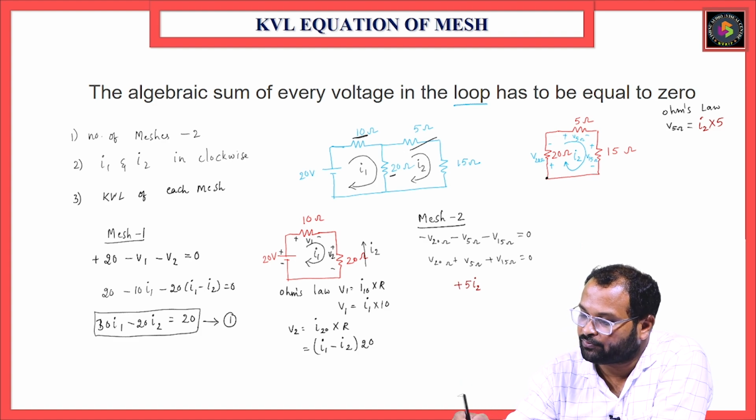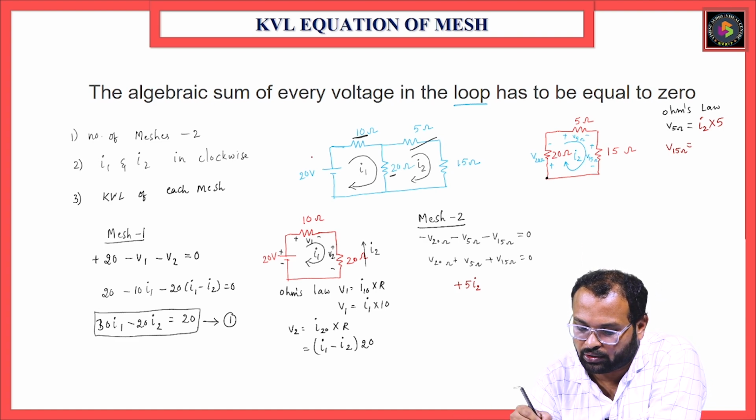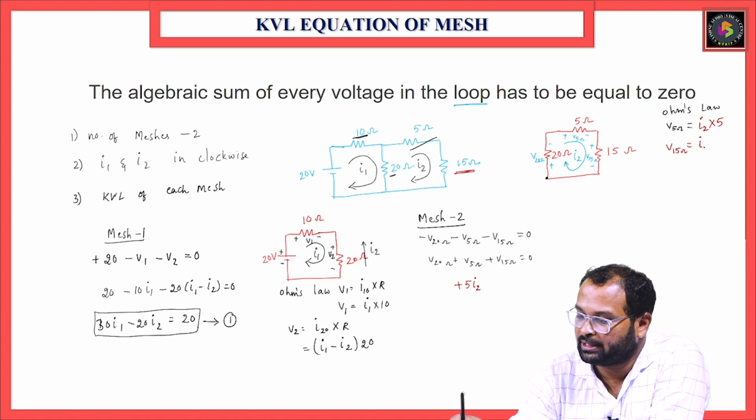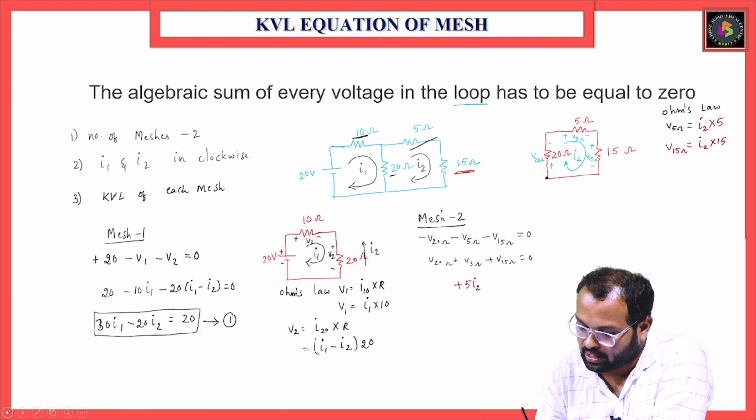Coming to V15 ohms, if you observe the circuit, it belongs only to mesh 2. So the current is I2 and the resistance is 15 ohms, so V15 ohms is equal to 15I2.